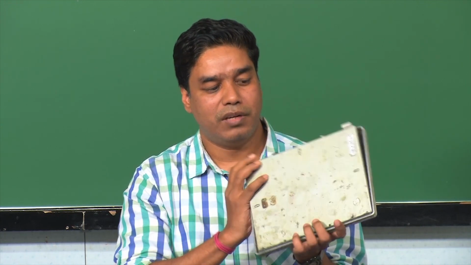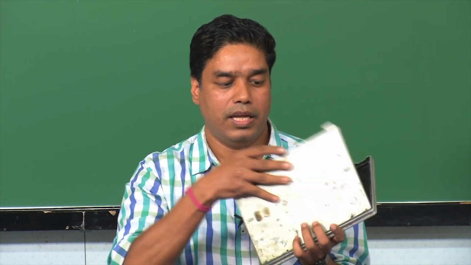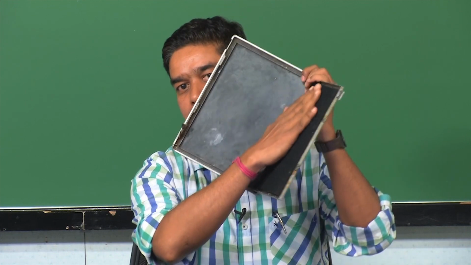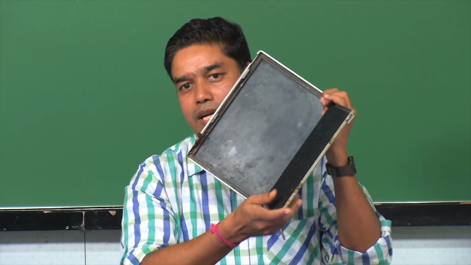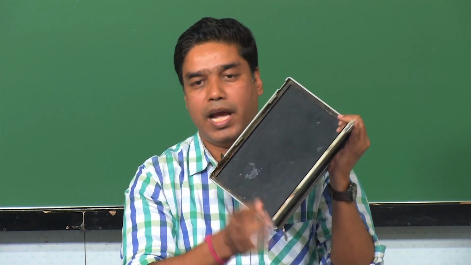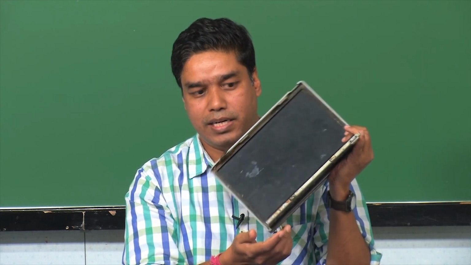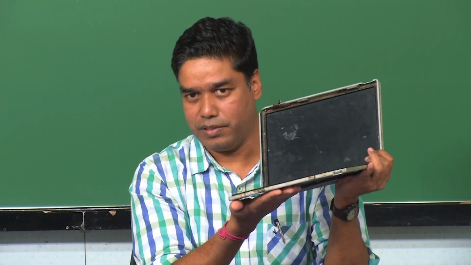Similarly, on the bottom surface also, just below the cushion there is a thin lead screen, so that you can address the backscatter radiation which comes from this bottom surface.